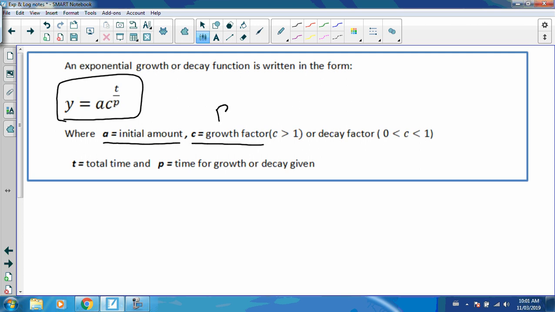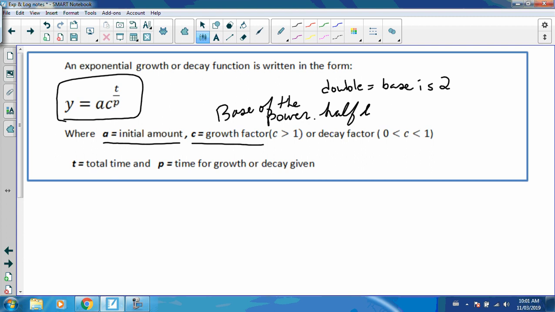So this is the base of the power. So is it doubling or tripling? If it's doubling, the base is 2. So did it double? That means the base is 2. Is it a half-life? Then the base is a half, and so on.